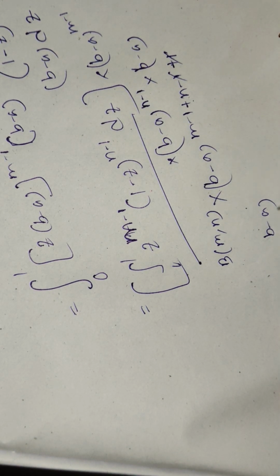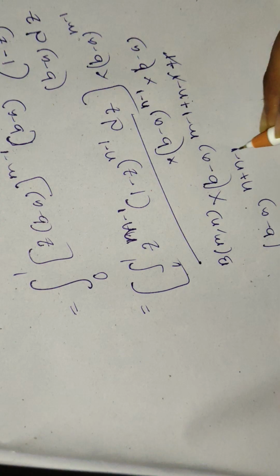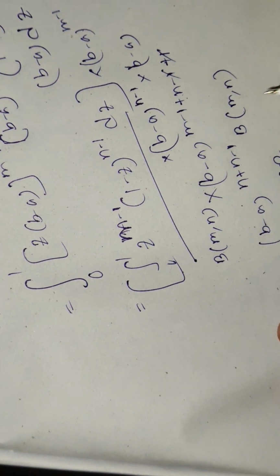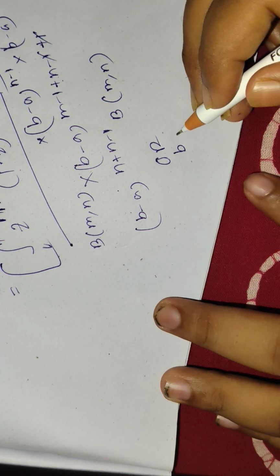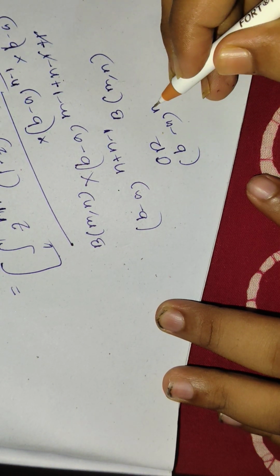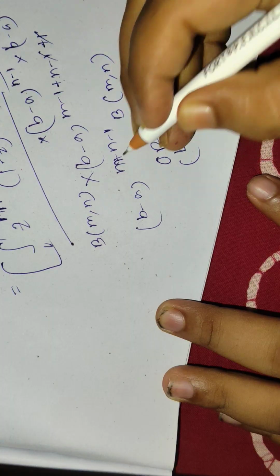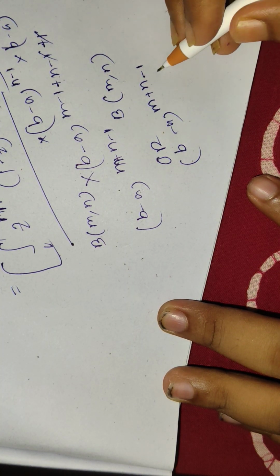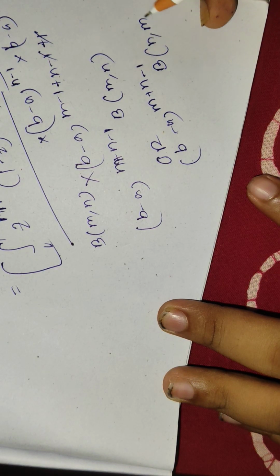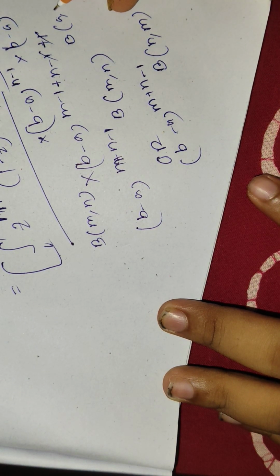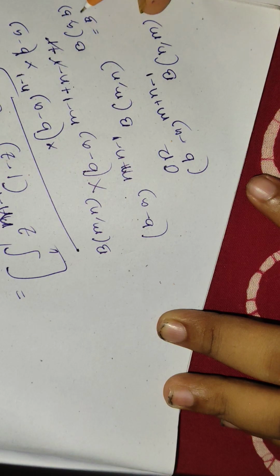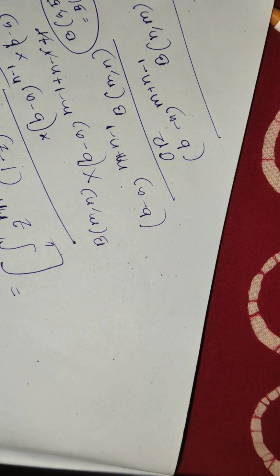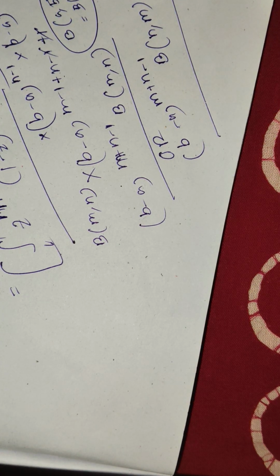This is (b minus a) to the power m plus n minus 1 into beta of m comma n, or you can say beta of n comma m, as we know that beta of a comma b is equal to beta of b comma a. However, we can say this is the answer of this integration.